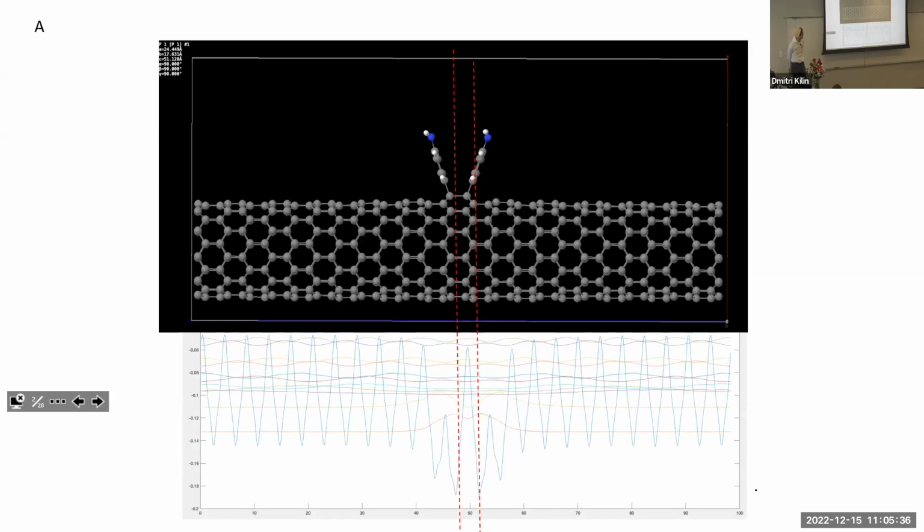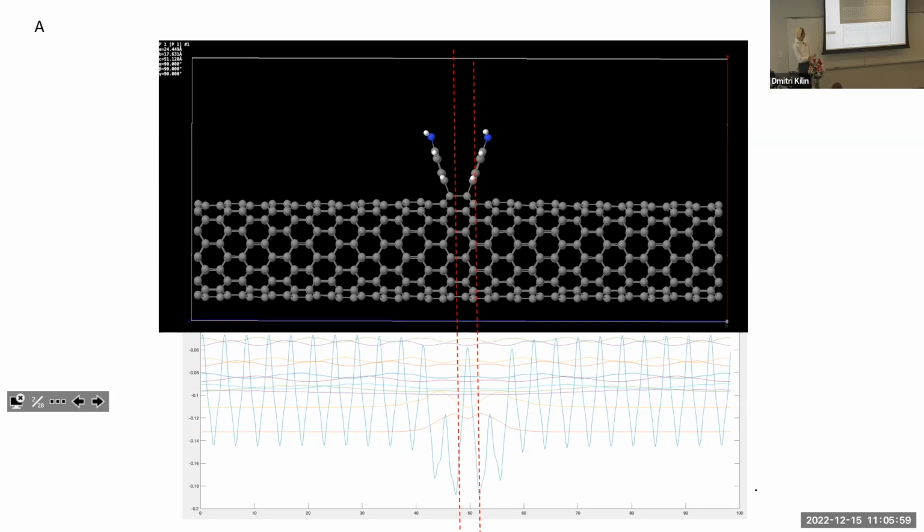So when looking at the first figure here, some important notes to make: for the bottom figure, the blue line is the potential as you go across the carbon nanotube.